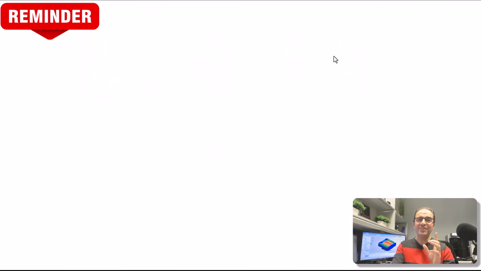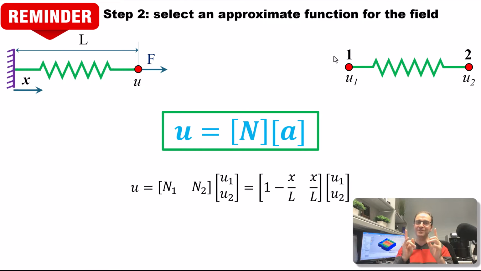We are going to use a very, very important formula. Hopefully you remember what formula I'm talking about. We need to go back to step 2. In step 2, we had a very important formula, U equal to NA. This is our best friend here. Our best friend is going to help us find all those outputs using the known U1 and U2.